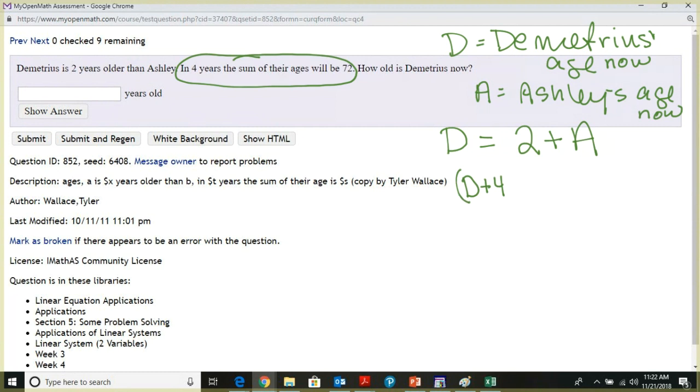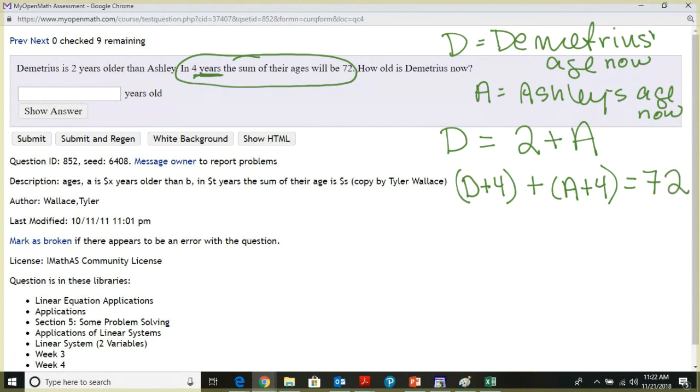This is how old he is 4 years from now. Take Ashley's age and add 4. This is how old Ashley will be 4 years from now. So 4 years from now, the sum of their ages will be 72.